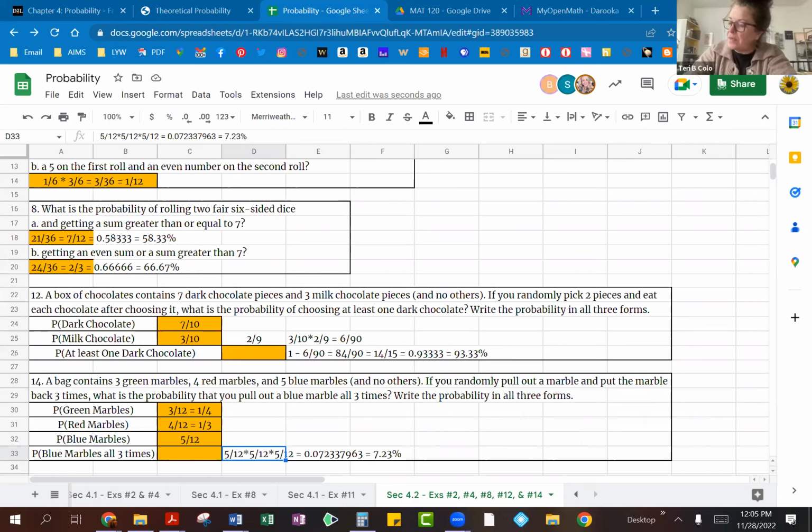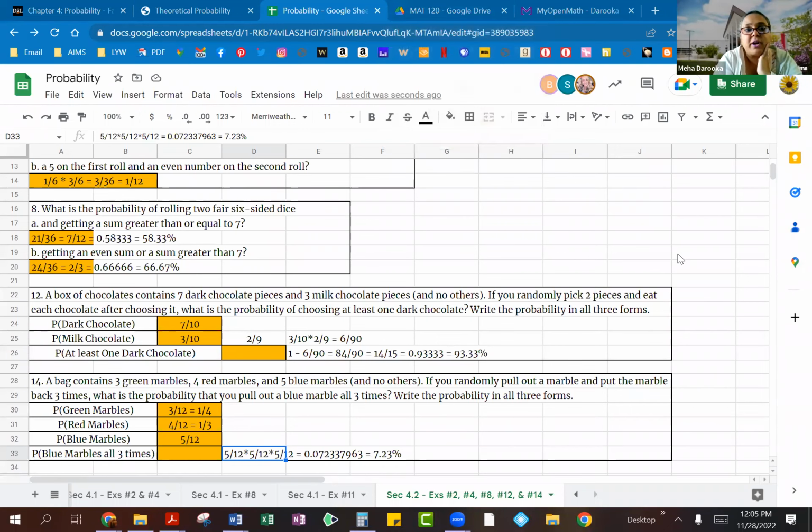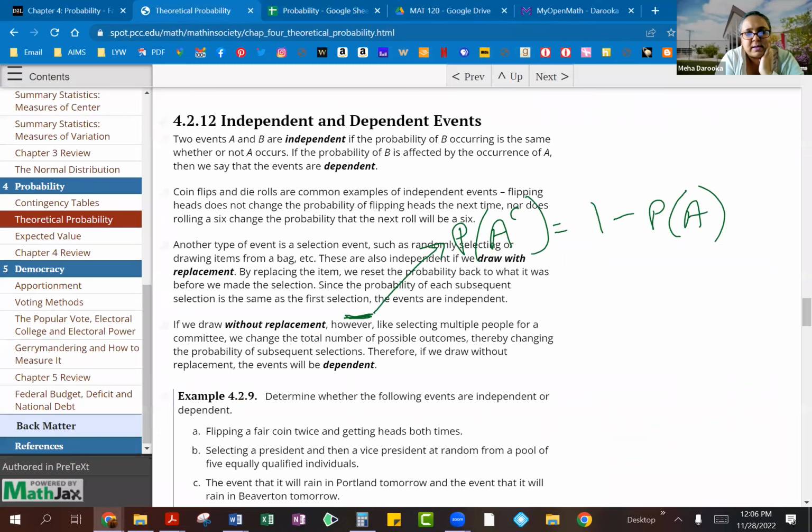Question about when it says at least, that means there's no replacement? No, at least means you are using the probability of a complement. So the at least would mean you are using this formula.